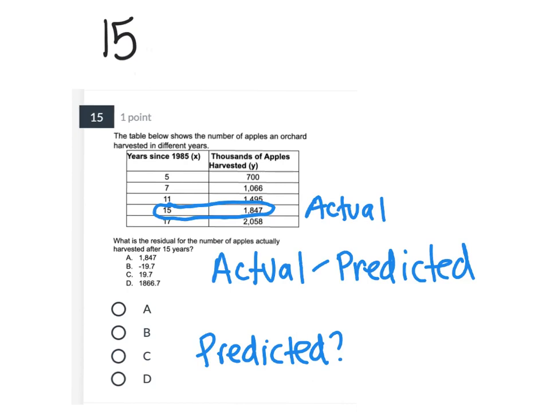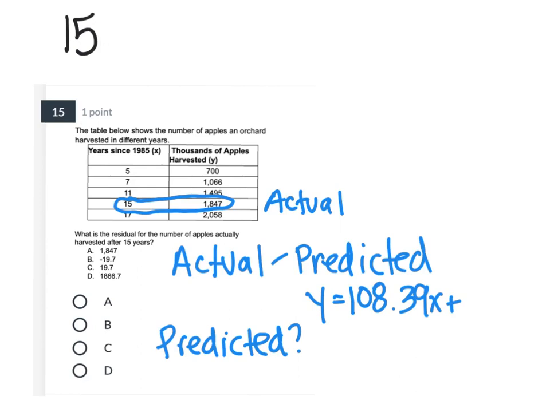So y1 squiggle mx1 plus b. And so I have my equation here is y equals 108.39x plus 240.97.